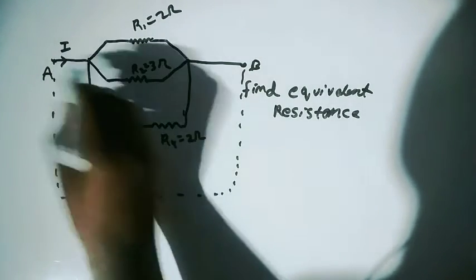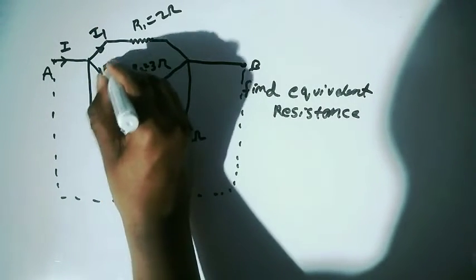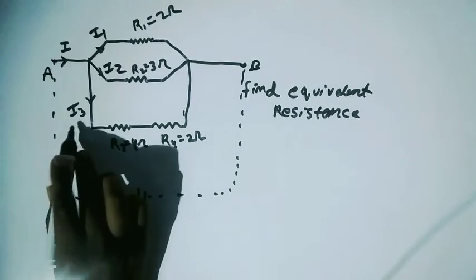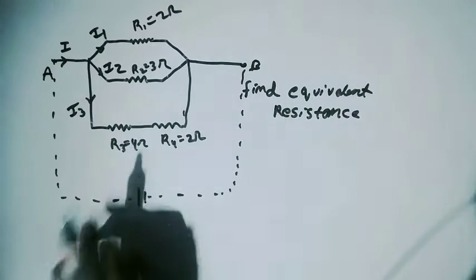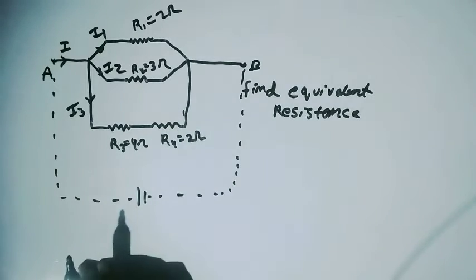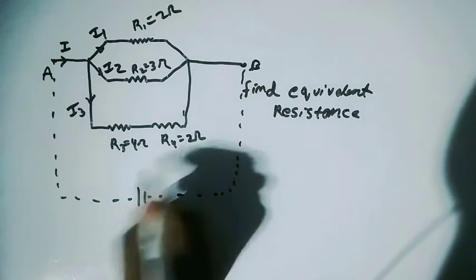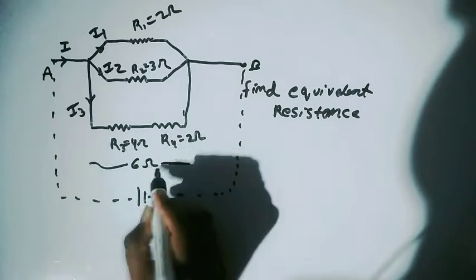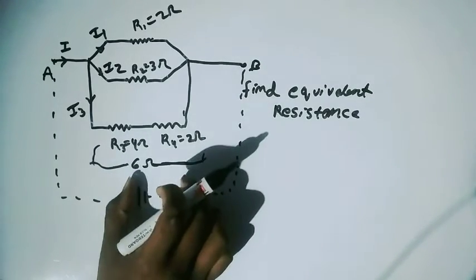Then I1 will go here, I2 will go here, and I3 will go here, and this I3 current will flow through this R3 and R4. Therefore R3 and R4 are in series. So the resultant of these two will be 4 plus 2, which is 6 ohm.